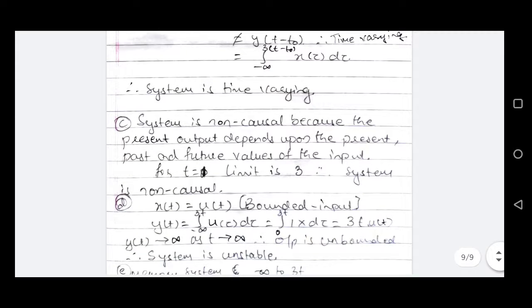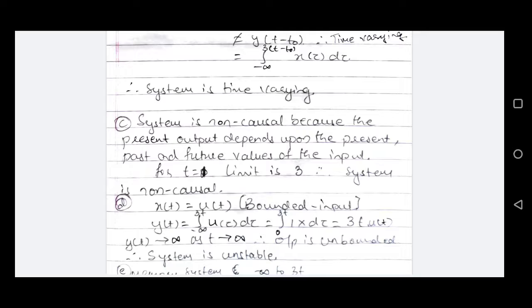Is it a causal system or a non-causal system? This integrator system is a non-causal system because the present output depends on present, past and future values of the input, because the integration limits are from minus infinity to 3t.